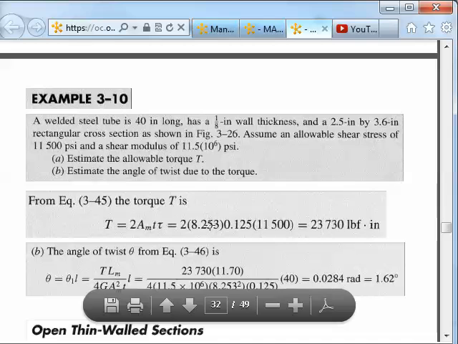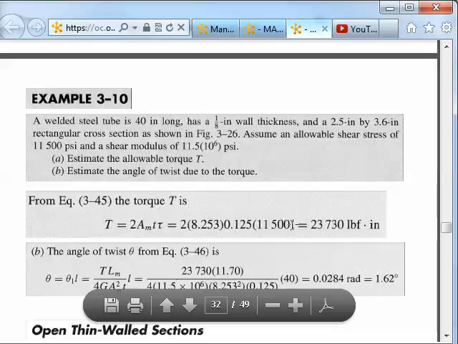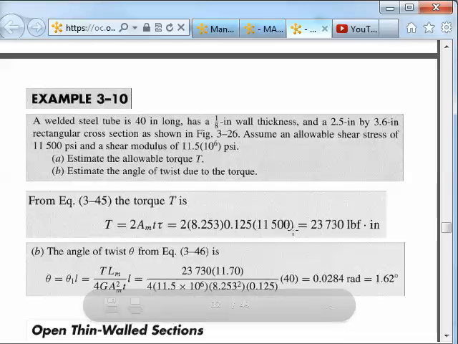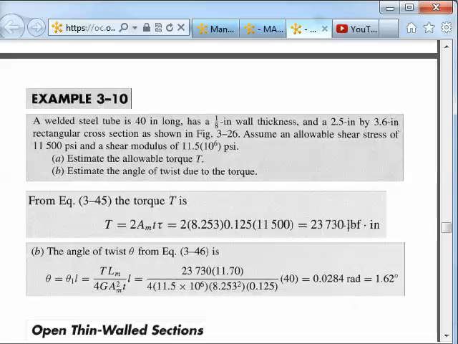They didn't compute it out, but it's going to be very close to 2.5 minus an eighth multiplied by 3.6 minus an eighth. Ought to get that number, and what we get for the allowable shear stress of 11,500 is a 23,730 inch-pound force torque. That seems like a pretty good torque.